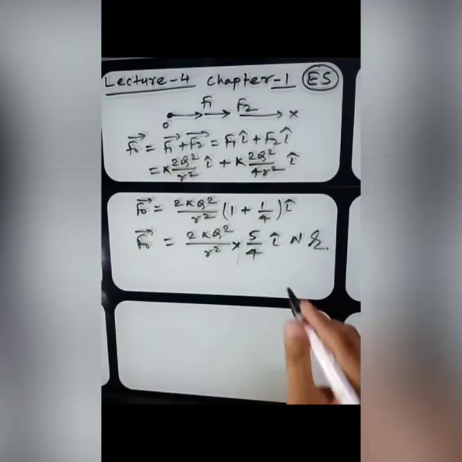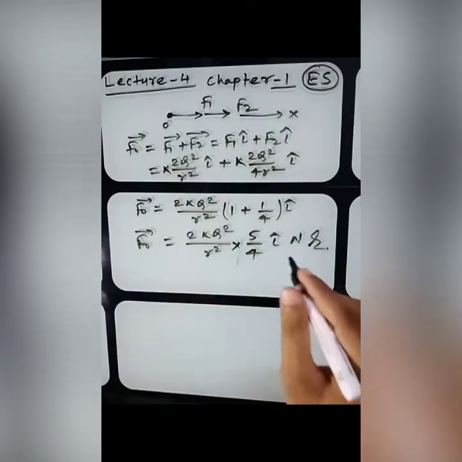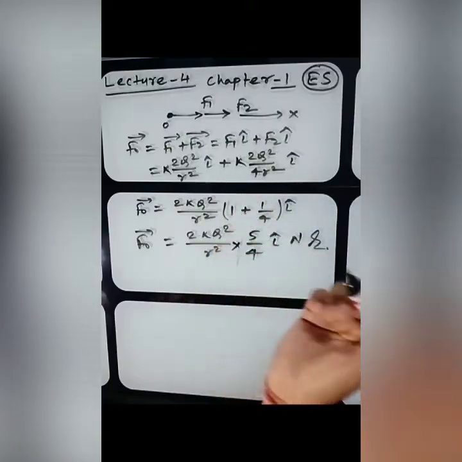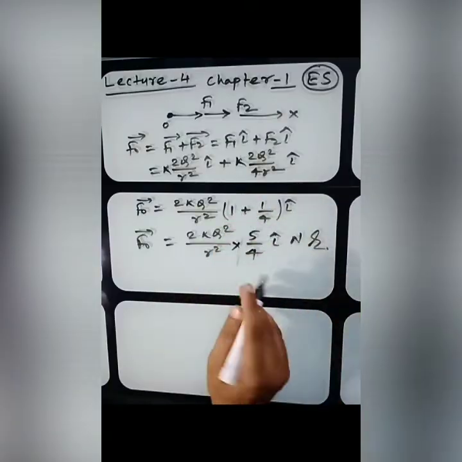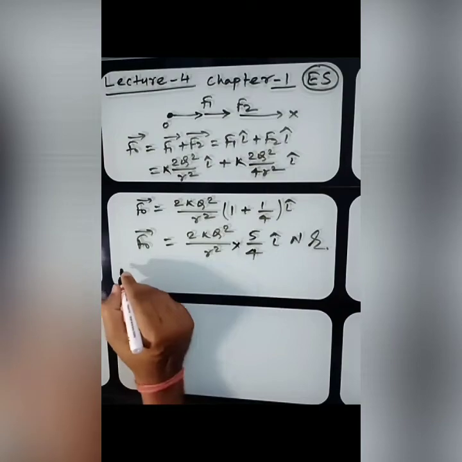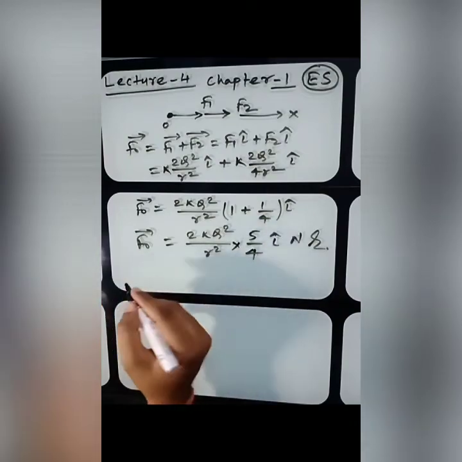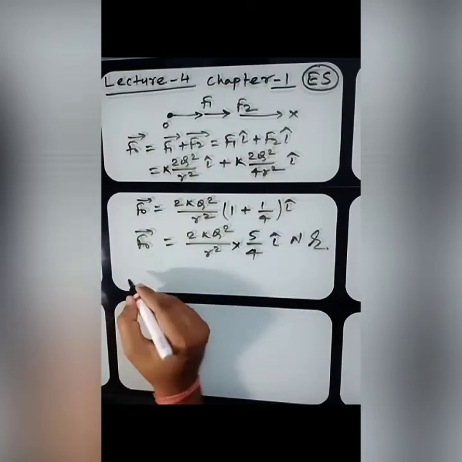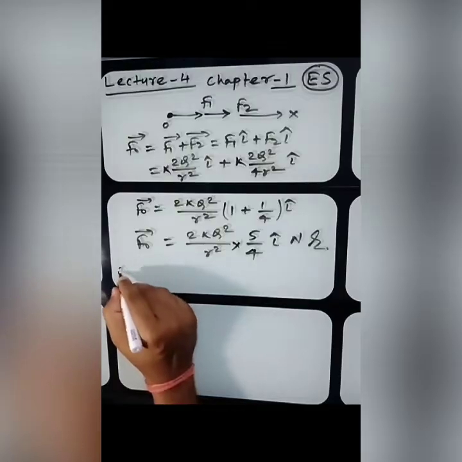Now students, there are a number of questions you will be asked using this superposition principle. Take another question, and you will solve this question by yourself. This is your classwork.